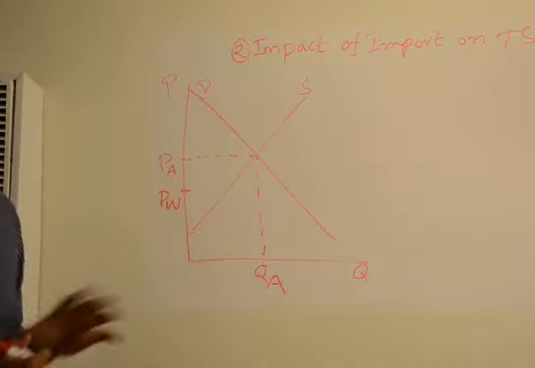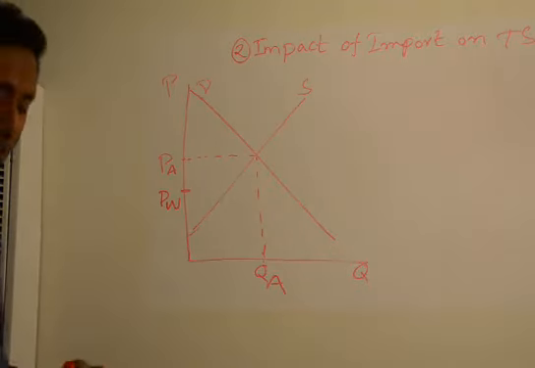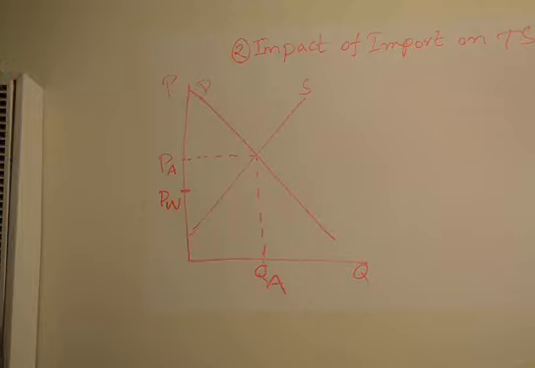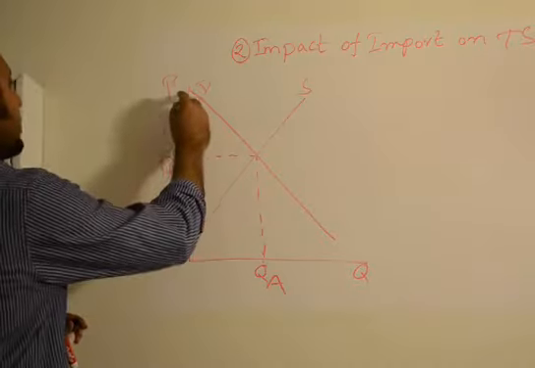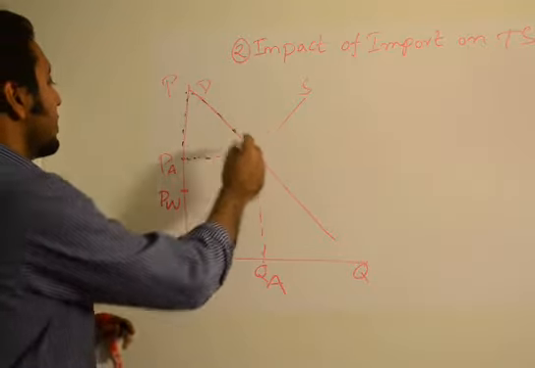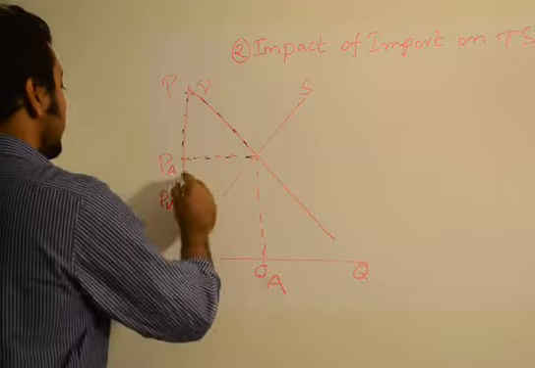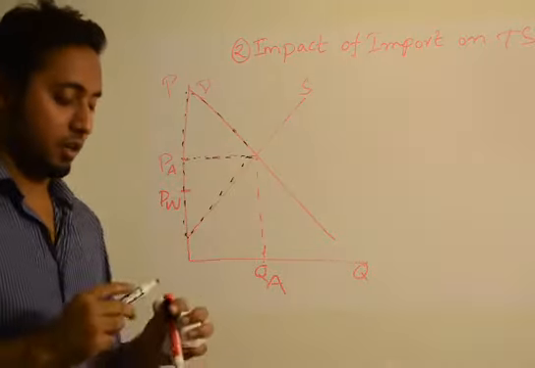So before the trade, the consumer surplus was given by the upper triangle here. Okay, this region, the consumer surplus was given by this region, as we have seen in the previous case, and the producer surplus is given by this lower triangle before the trade.